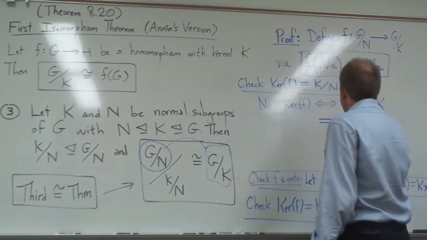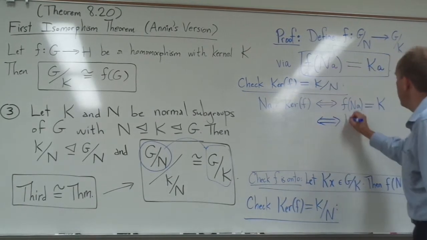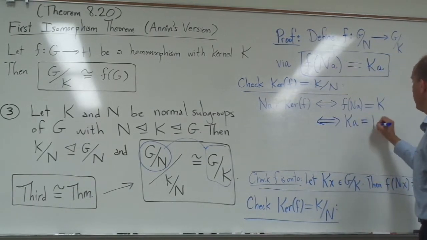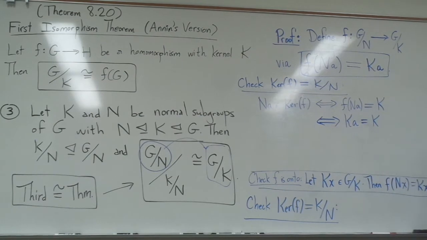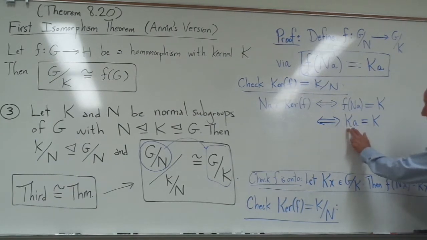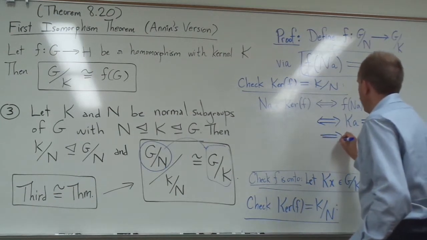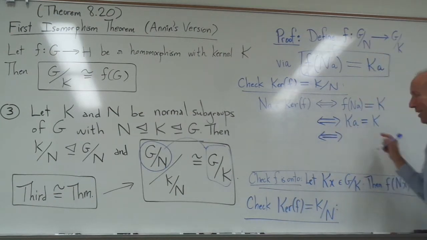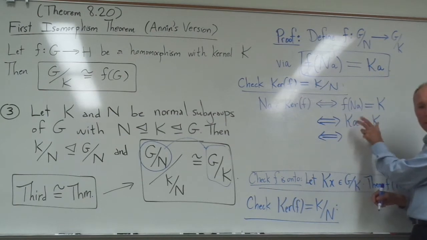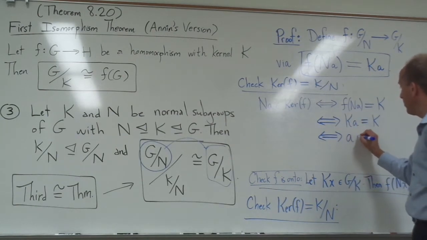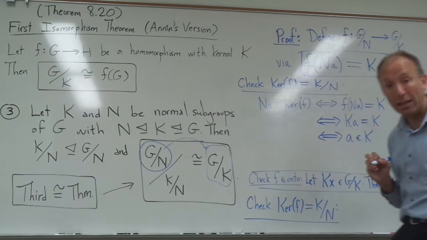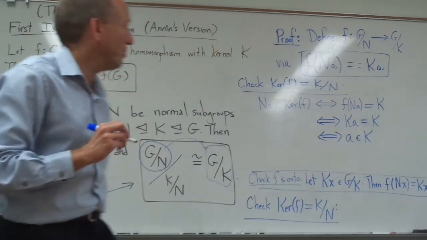But now if I just plug in what f of Na is, we see that it is Ka. So we're saying that Ka equals K. And again, from one of our early little exercises about cosets, this is just equivalent to saying that a is an element of K.